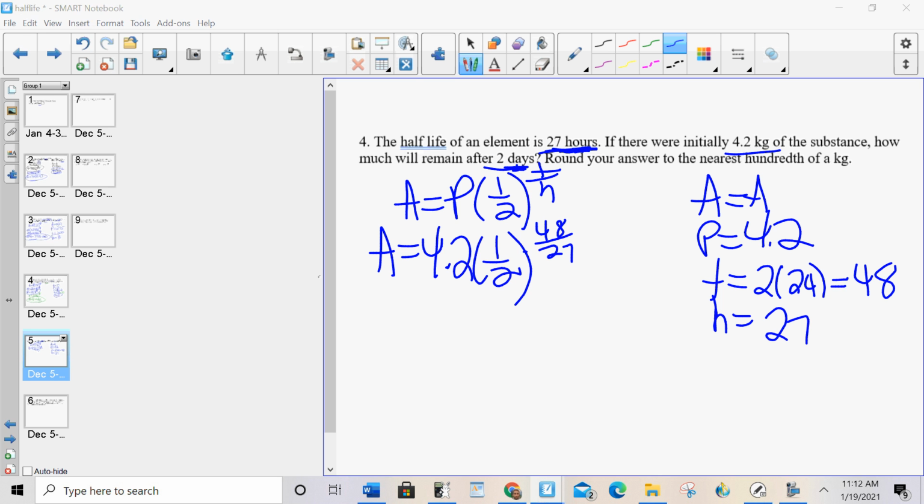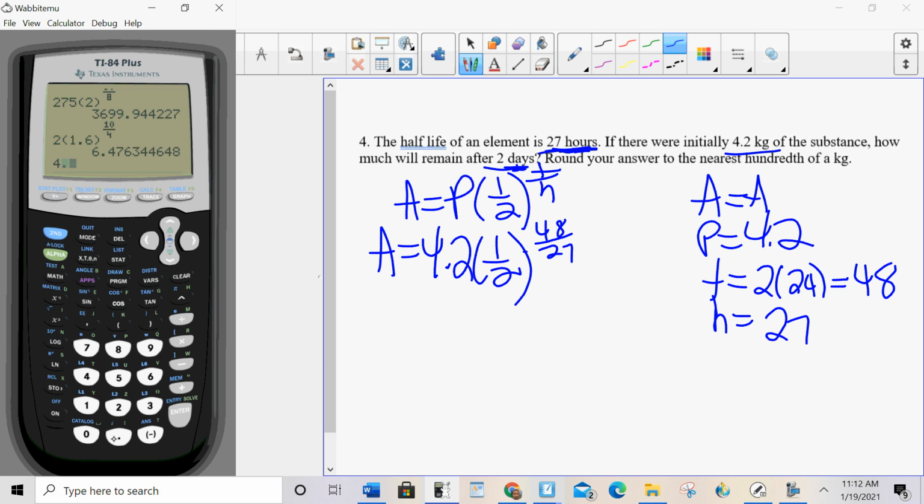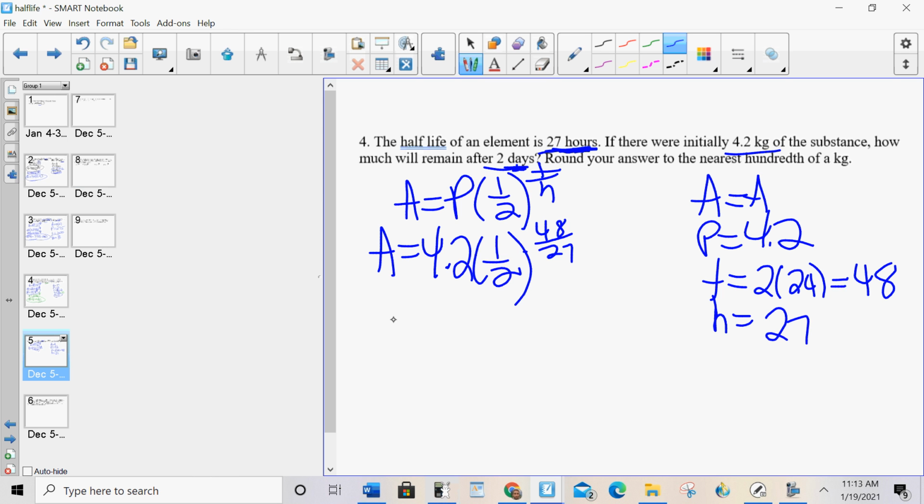Now I can just put the whole thing into the calculator. 4.2 times 1/2 to the power of, enter, 48 over 27. And to the nearest hundredth of a kilogram, that'll be 1.22.